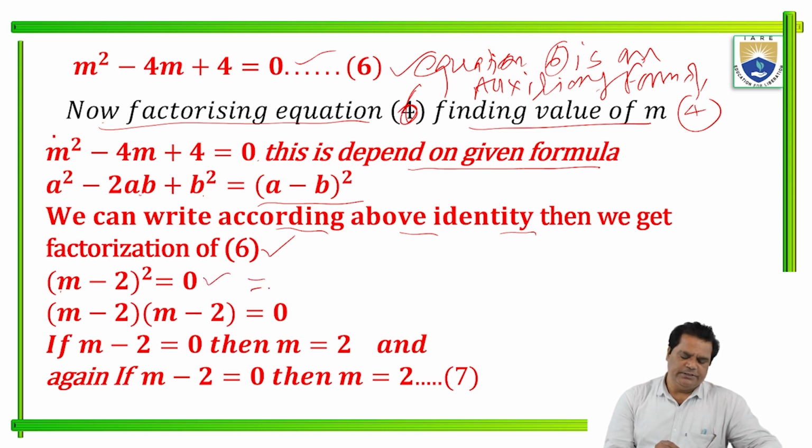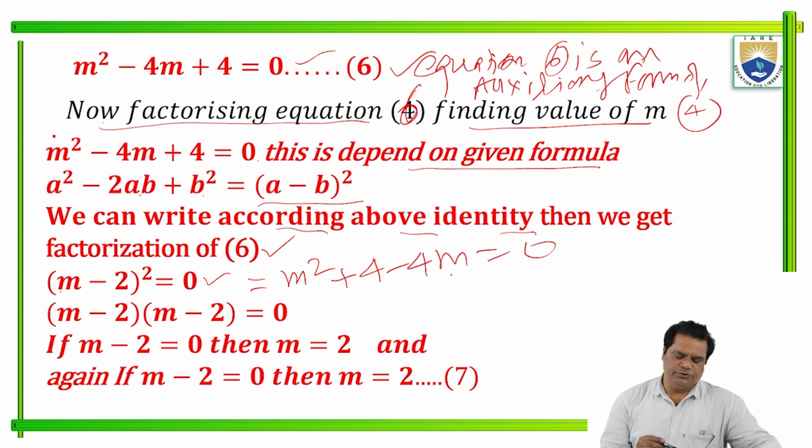After opening this, it equals m square plus 4 minus 4m. Okay, this is the same equation as this. So here (m minus 2) whole square equal to 0. That is (m minus 2) into (m minus 2), a twice factor. Whole square means twice, a square is a into a. Similarly, (m minus 2) into (m minus 2) equal to 0.